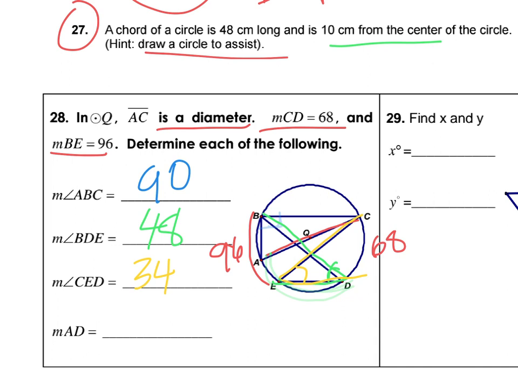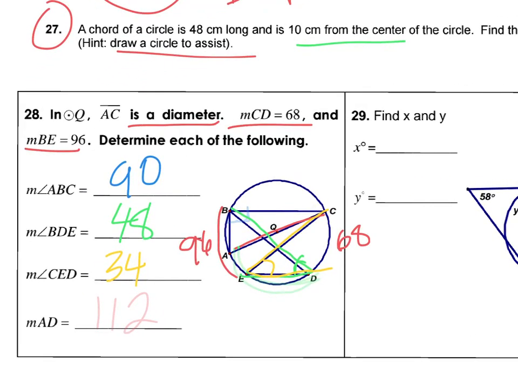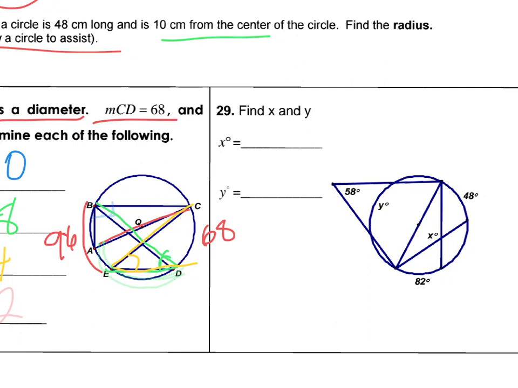I'm using my diameter for that, and since I already have 68, I'm just going to do 180 minus that, and that would give us our 112. Okay, so be able to take what's given and find the missing parts using your intercepted arcs or your inscribed angles.